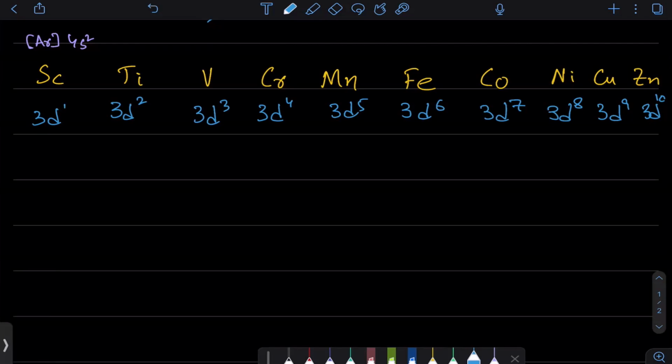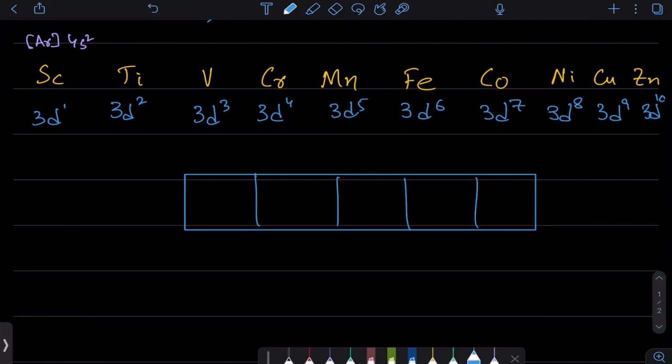But then if you look at the shells or the way orbitals are arranged, D has 5 orbitals. In these 5 orbitals, here is how the electrons are going to be started. So I'm starting with scandium. Scandium has 1. By the way, they all already have 4s2. Because it has high energy, I'll just put it here.